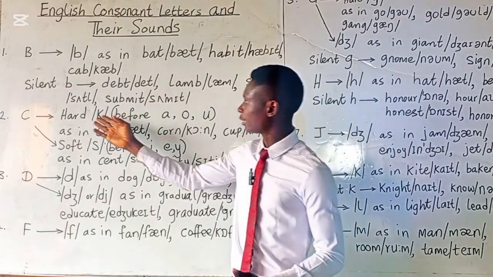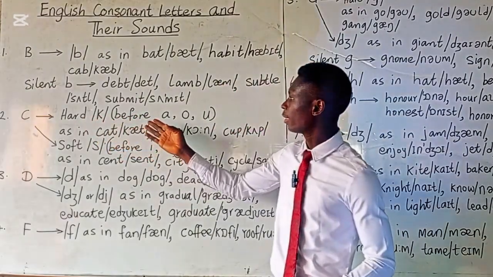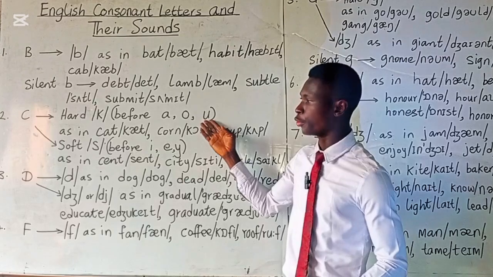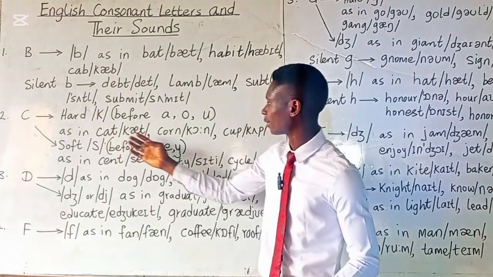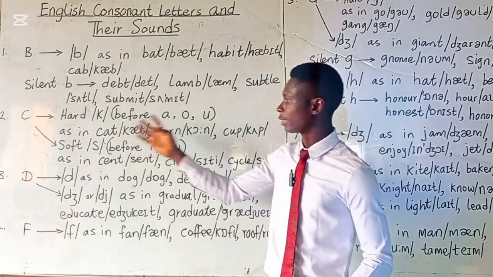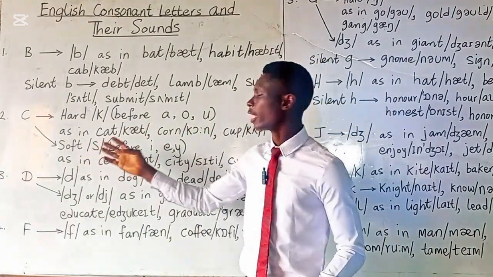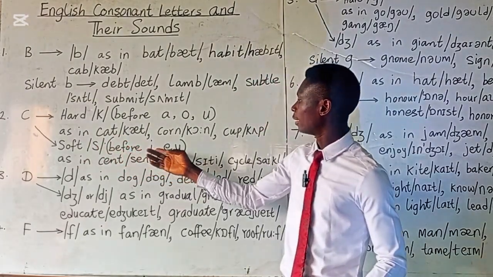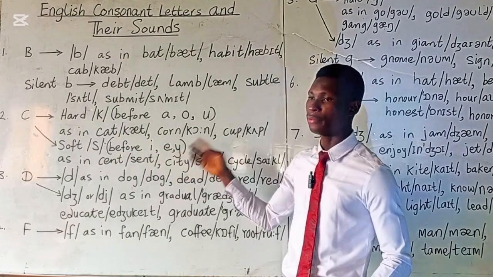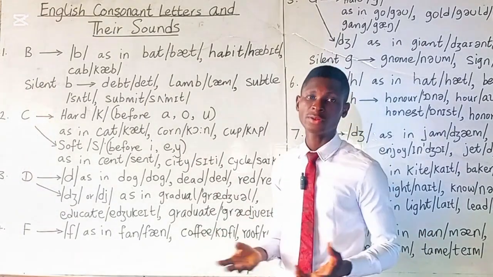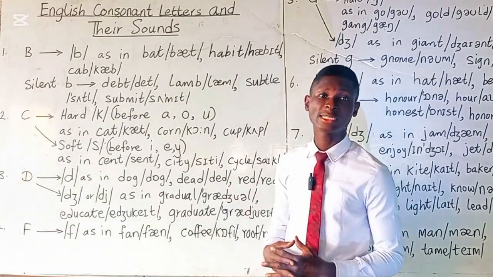And most times you articulate it as K when it comes before letter A, O, or U, as in words like cat, corn, cup. Then you articulate it as S in words where it comes before letter I, E, or Y. Remember what I said, that letter Y is equally a vowel letter as well as a consonant letter.